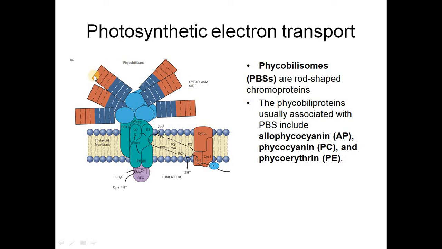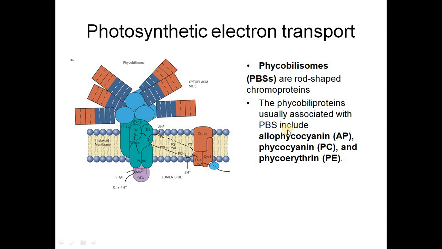And these complexes are called phycobilisomes, and those additional pigments are allophycocyanin, phycocyanin, and phycoerythrin. So this is what gives the cyanobacteria a purple, dark bluish color, a dark green color.